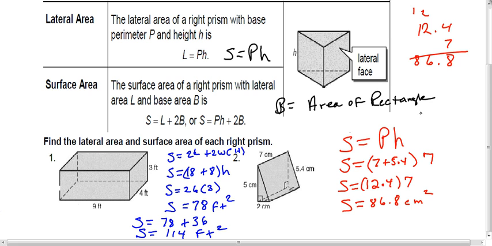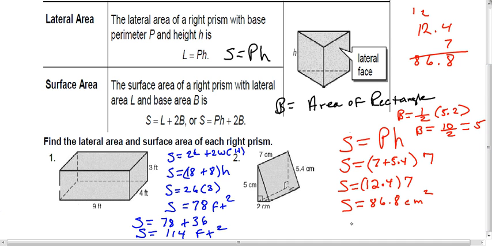So I see 1/2 of, and this is the base of the triangle, so that's 1/2 the base, which is 5 times 2, and B will equal 10 divided by 2, which is 5.